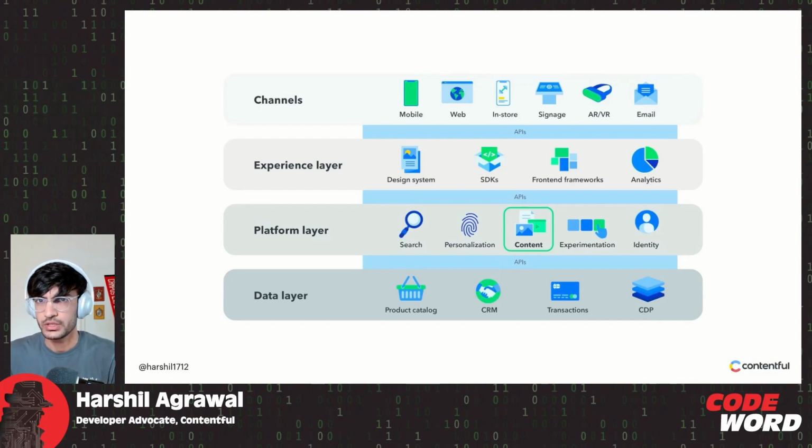It is where we want to reuse the information that we already have on the data layer as well as on the platform layer. We selected content as our orchestration platform, and we now bring all this content to Contentful and use the API and the SDKs that Contentful provides to publish all this content on the channels that we have.